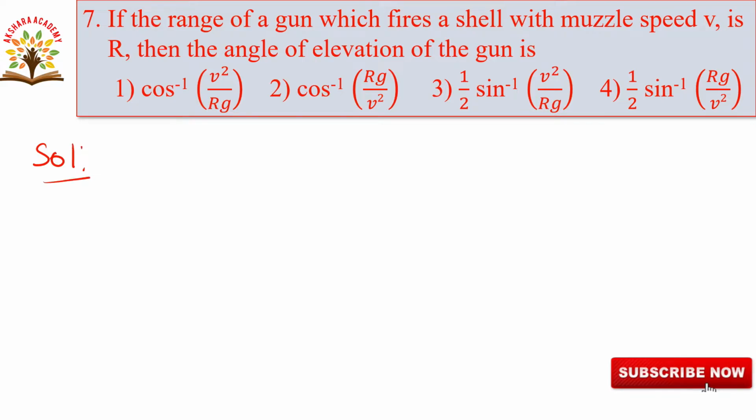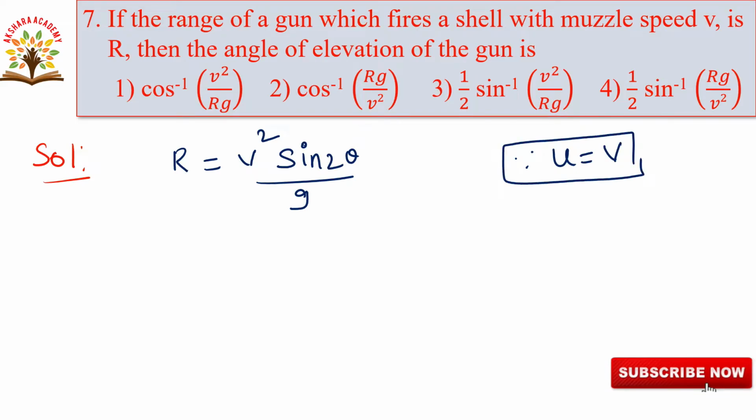R is equals to v square sine 2 theta by g. Here they gave u is equals to v, so that's why here we are writing v square sine 2 theta by g. Sine 2 theta is equals to gR by v square.